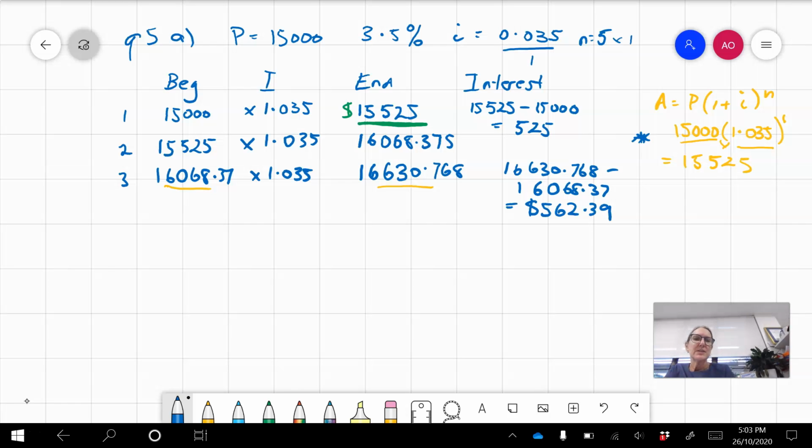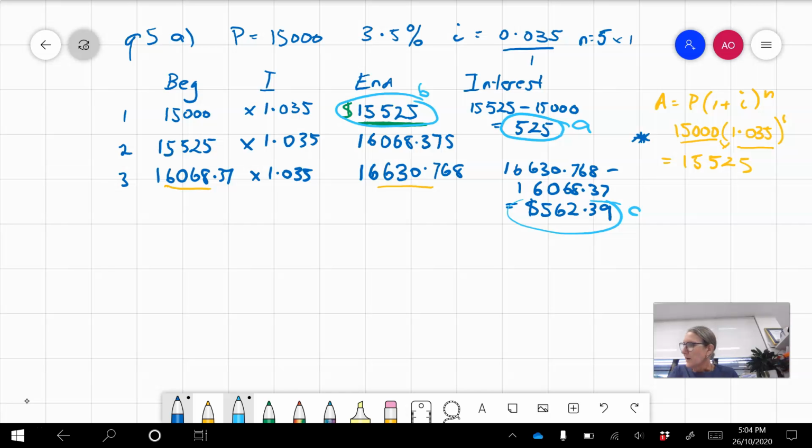All right, so that's the answer to C. So hang on, what was the answer to A? Interest earned. This is actually answer A. This was answer B. This is answer C.